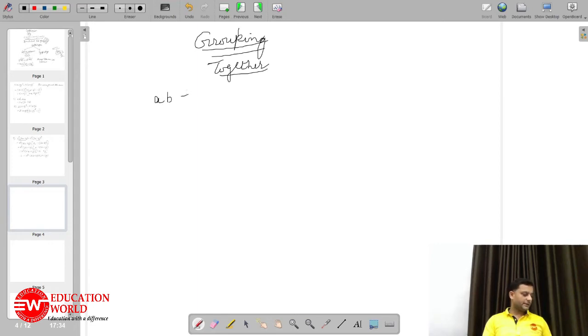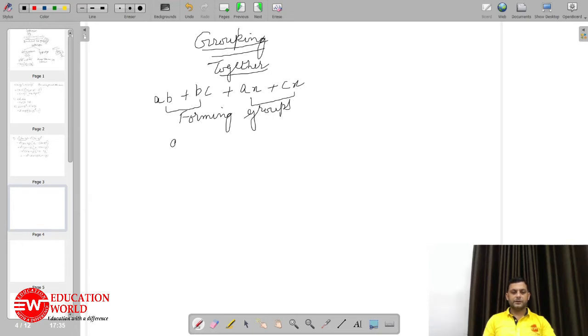If I take this polynomial AB plus BC plus AX plus CX, and if I want to take common from it, how can I make the grouping? First of all, forming groups. So groups you have to make. I am going to make this into one group and this into another group.